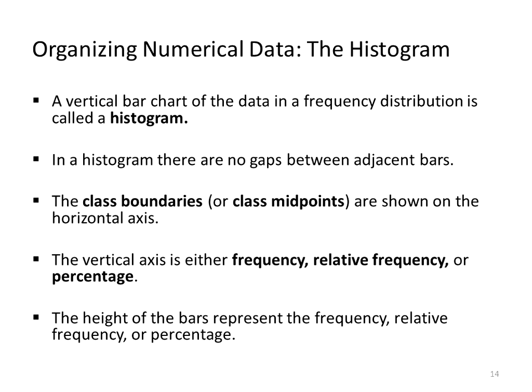Now, organizing the numerical data: the histogram. A vertical bar chart of the data in a frequency distribution is called a histogram. Now, a histogram, compared to a bar graph, has no gaps between the adjacent bars. And the class boundaries or class midpoints are shown on the horizontal axis.